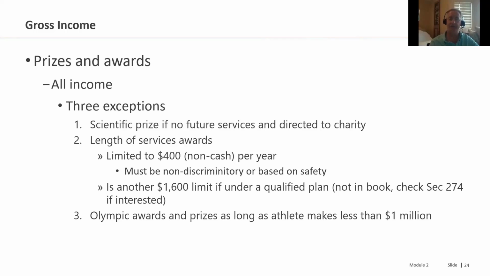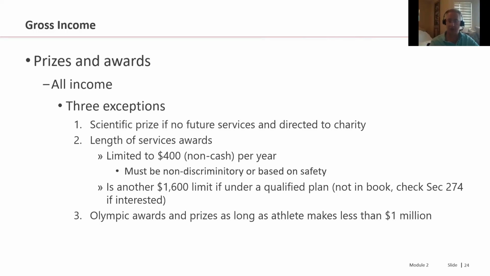There are length of service awards that are payable to employees. So if you work at a company for 5 years, then 10 years, 15, 20, 25 years, often employers will give a small token or gift to their employees. And those are considered length of service awards. They can also be done under a safety award program. So you can give someone up to $400 of non-cash property per year based on a length of service award.